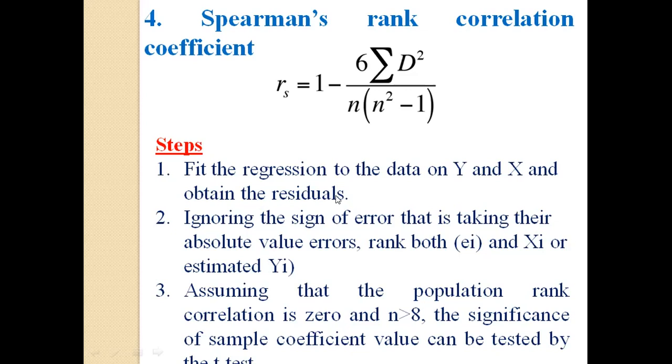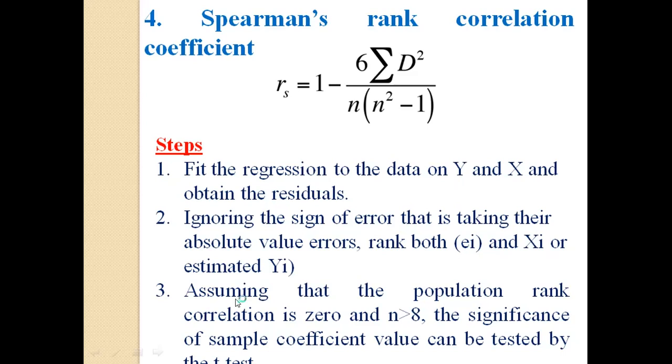After finding the relationship between the two variables, x and y, ignore the sign of the errors, that is, take their absolute values. Rank both the error values and x_i, the estimated y_i. When we are estimating the correlation coefficient here, we should ignore the sign.